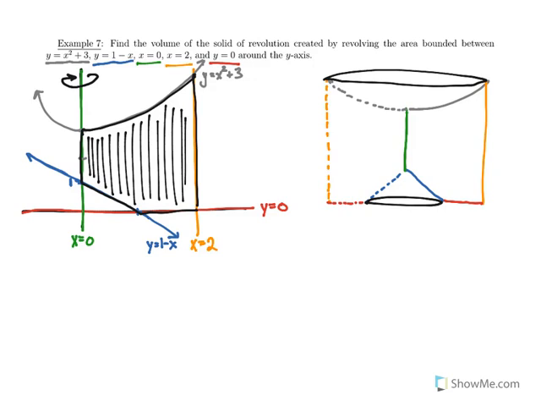So there's actually 3 different regions that we need to think about here. First region is going to be below the value y equals 1.